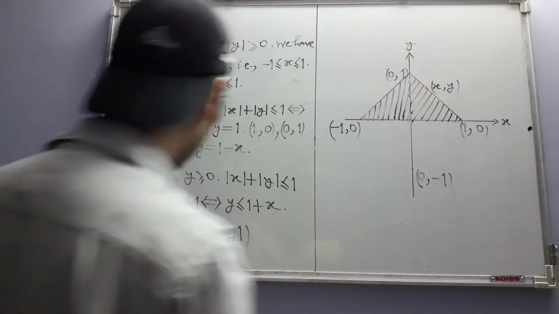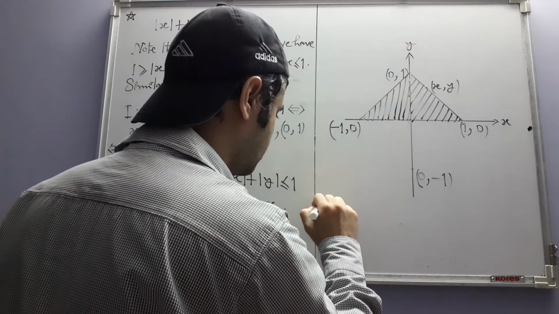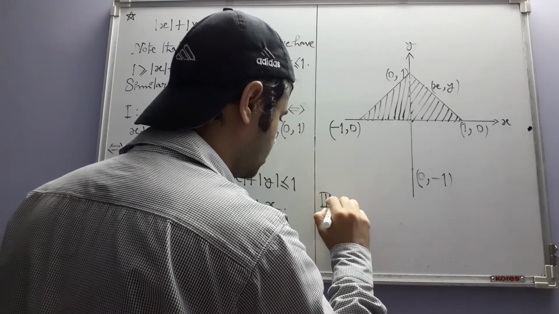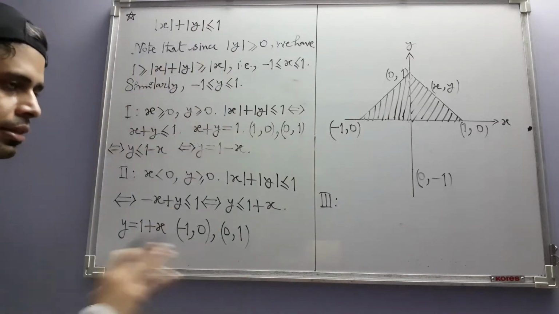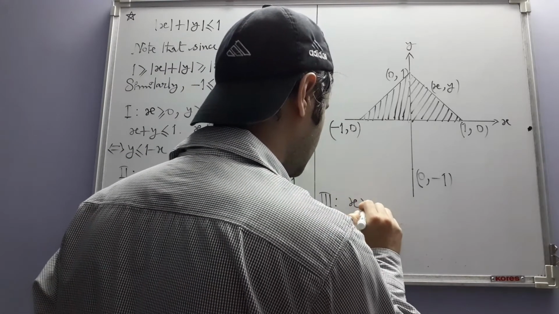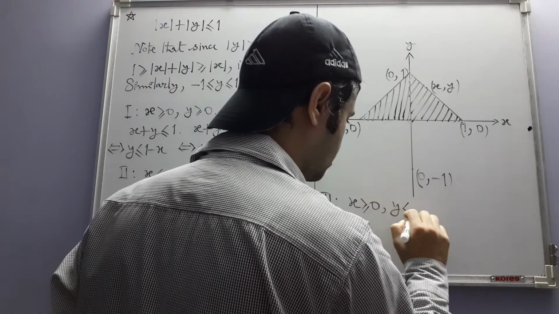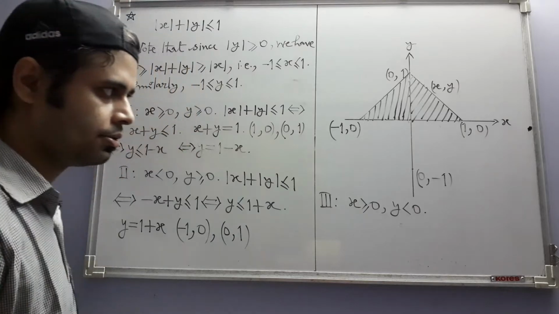Now that we have become accustomed with this process, we can find the other two cases more quickly. Here x is greater than or equal to 0, y is less than 0.